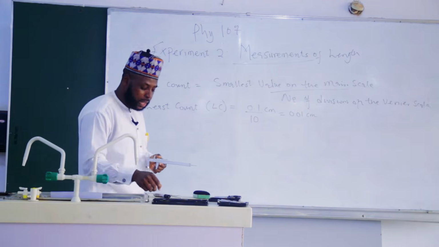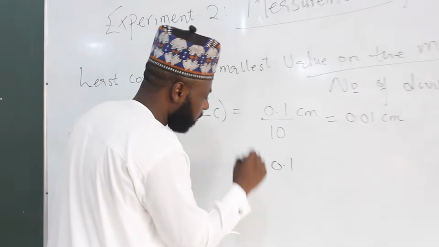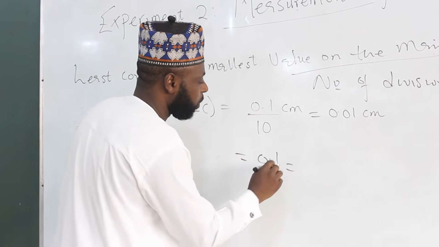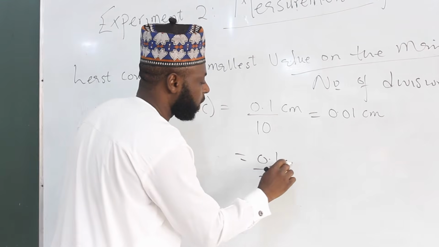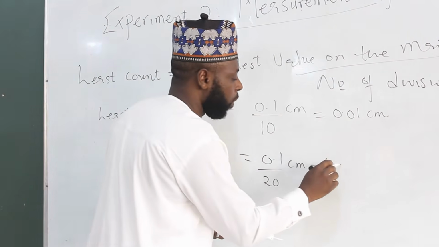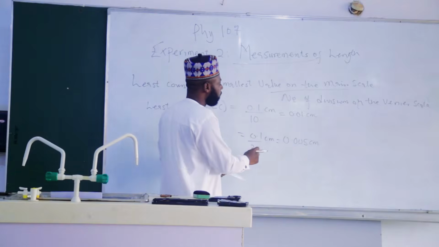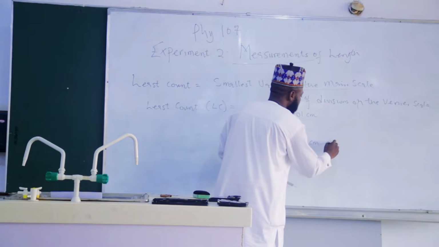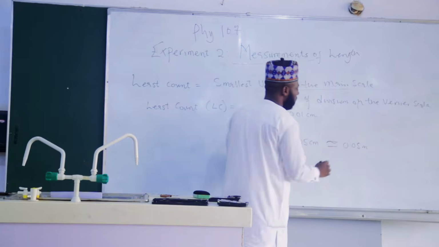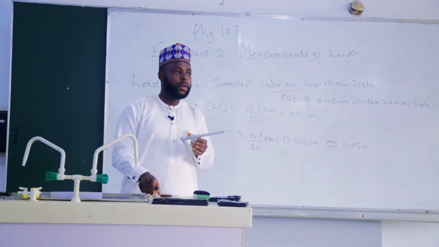So if we divide 0.1 centimeter by 20, that will give us 0.005 centimeter. 0.005 centimeter is the same as 0.05 millimeter as written on the apparatus itself.